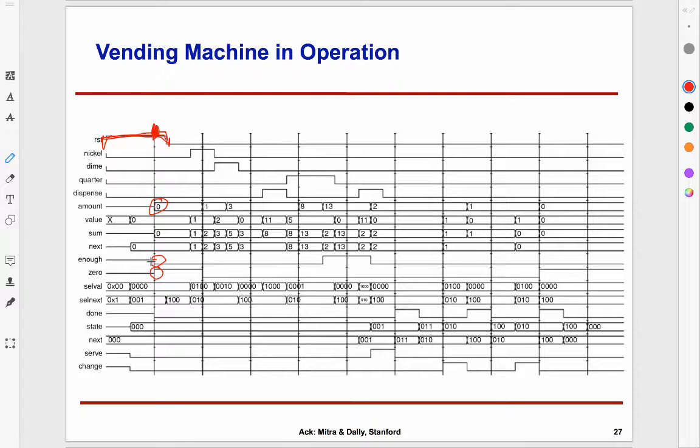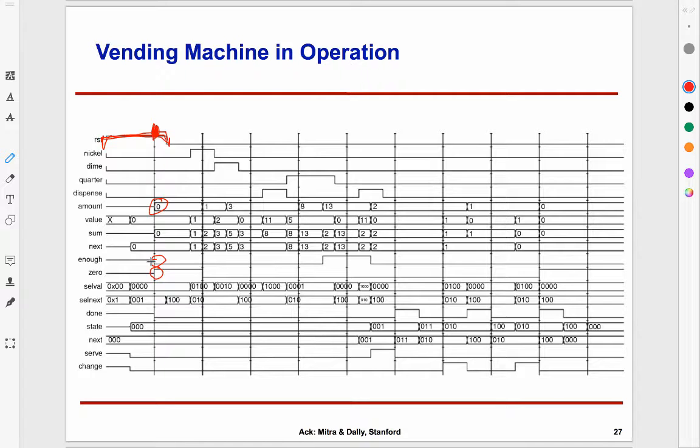Okay, so now the amount is 0. Now what happens is on every clock tick, we are going to examine what is the status of one of the signals. Now, in this design, we are going to make the simplifying assumption in this vending machine that when a nickel is deposited, the nickel signal goes high just for one clock tick. Okay, somehow other circuitry makes that true.